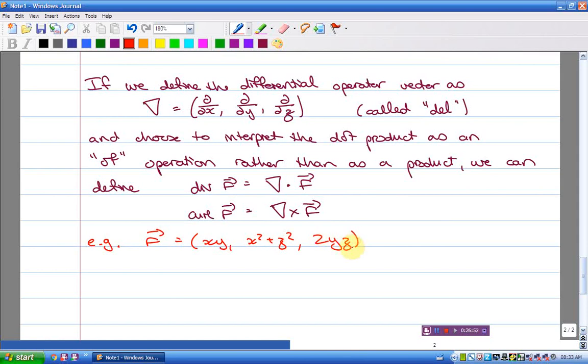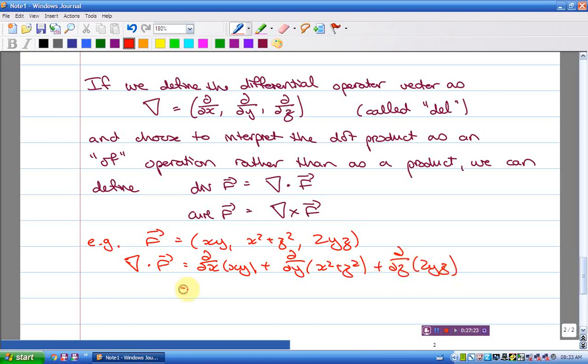There we go, there's an F. And I want to work out del dot F. Well, div F is sufficiently easy that you don't really need a trick like the dot product to remember it. Basically it's d/dx of xy plus d/dy of x squared plus z squared plus d/dz of 2yz.